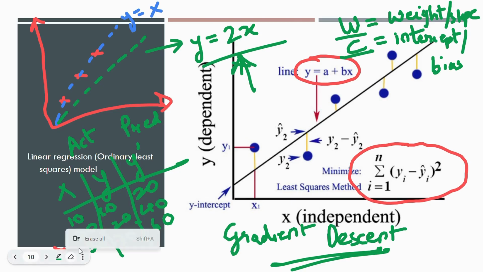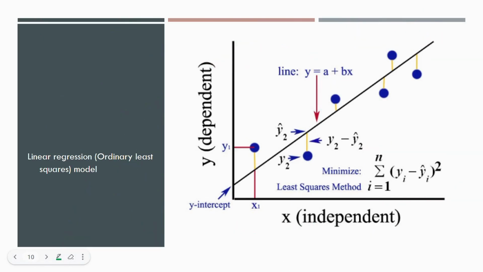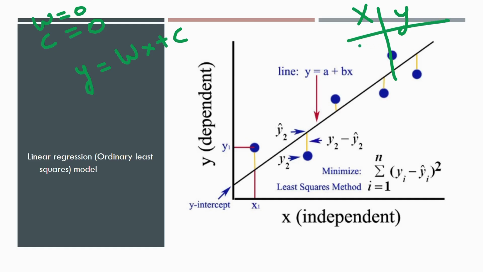To simplify the process, I am taking a very hypothetical example. Let W be initially 0 and C be initialized as 0. The model is Wx plus C. The data is like this: 10, 20, 30 and 10, 20, 30. When I give W as 0 and C as 0, this is my step 1.